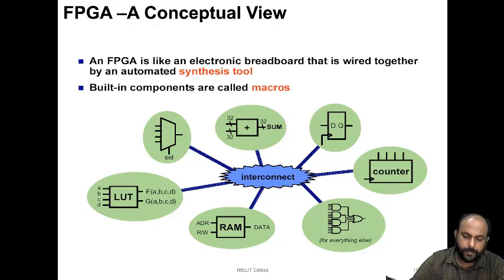For example, if you take a digital circuit, you may require a lot of combinational macros or units like multiplexers, adders, lookup tables. You may require certain memory elements like ROM, RAM, etc. You may require certain gate arrays which can be configured, okay, to represent different logic. You may also require certain flip-flops, counters, etc. to build sequential circuits.